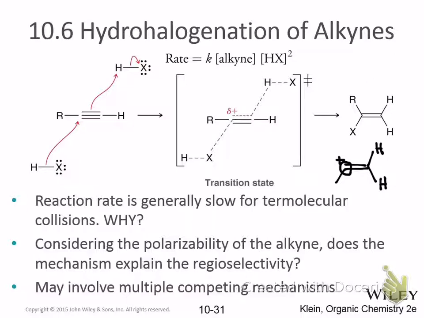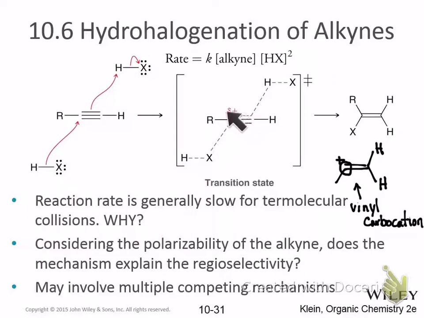So these vinyl carbocations are very unstable. And as a result, what they say happens, and this is what the rate data tells us is happening, is that this bond is formed while this bond is formed.